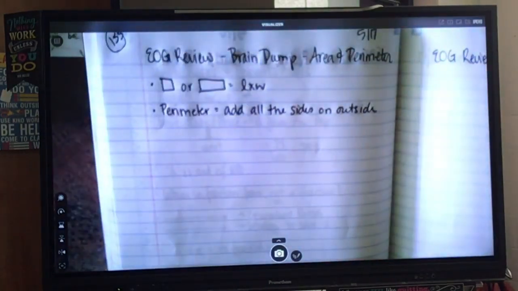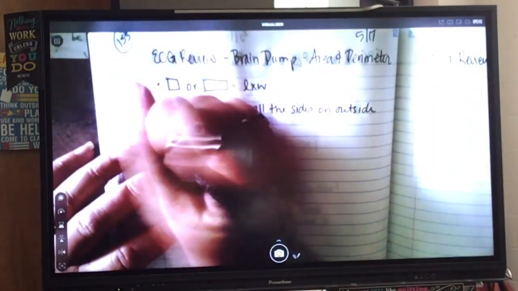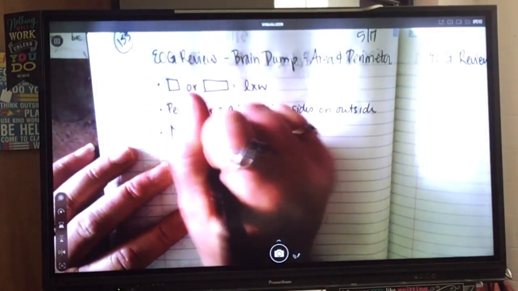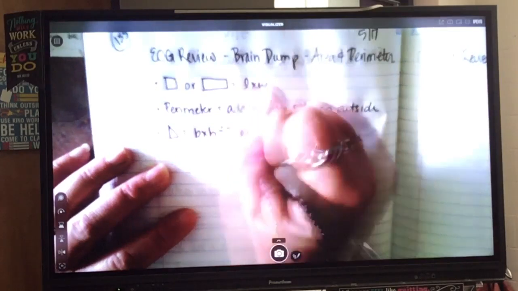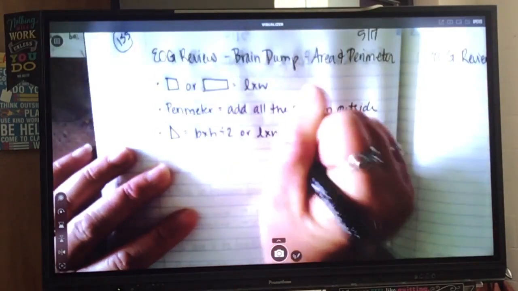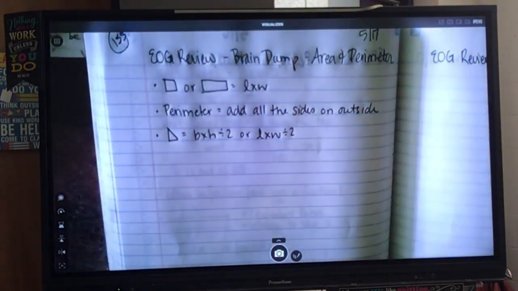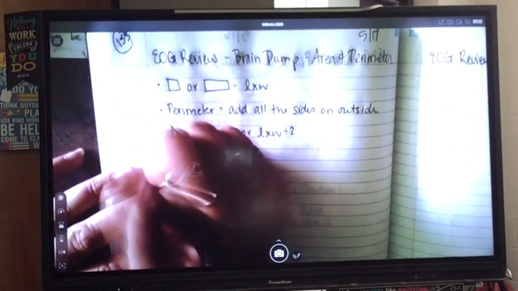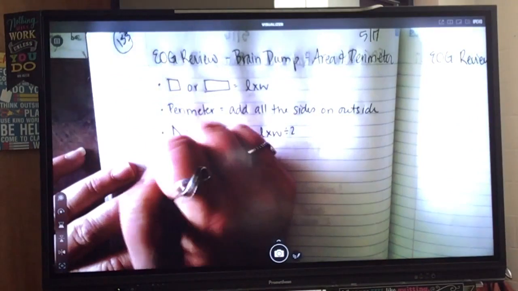Okay, what else, Kylie? The area for a triangle is length times width divided by 2. Okay, what else? Zoe. You said area is the inside of a 2D shape.